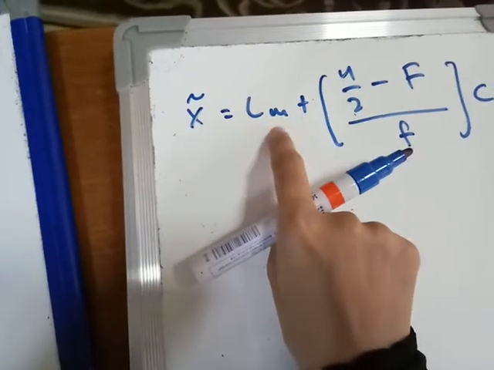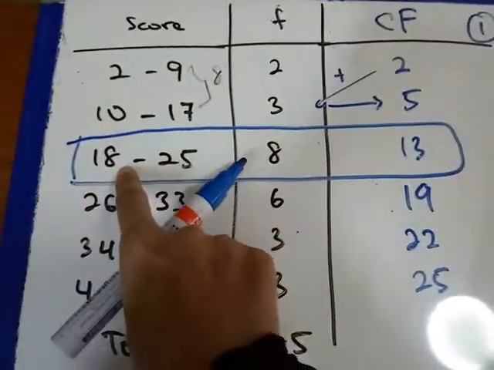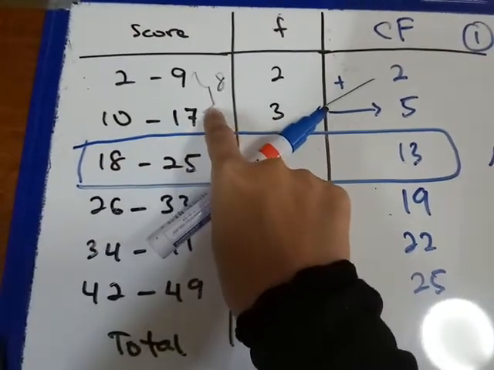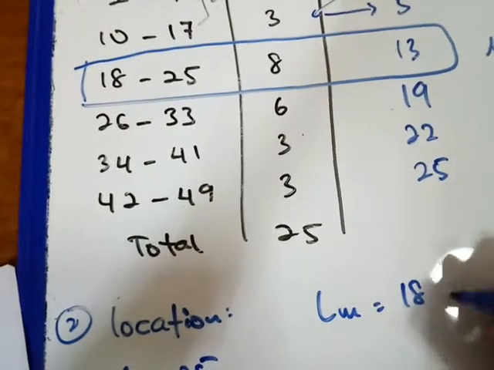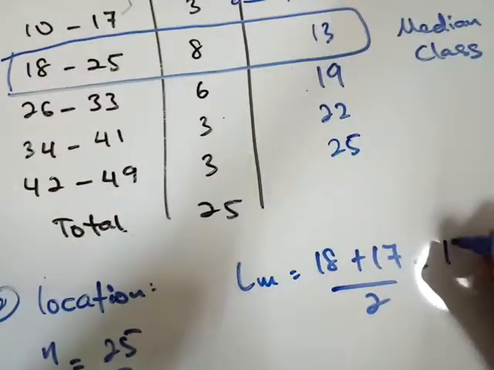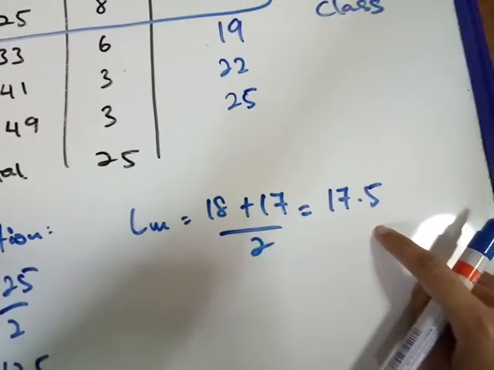L is the lower boundary of the median class. The median class is the third class. To find the lower boundary, 18 plus 17 divide 2, you get 17.5. This is the lower boundary for the median class.